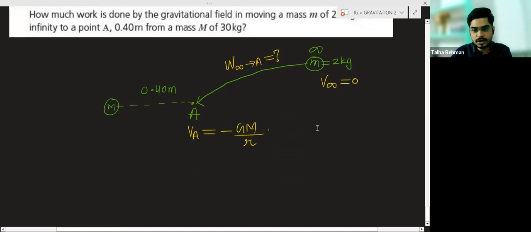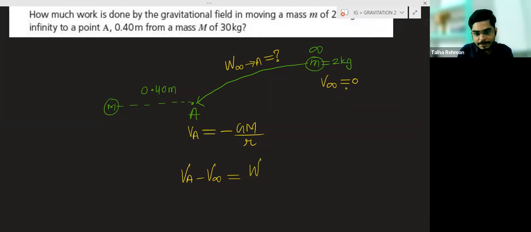So now we can say that VA minus V infinity, the potential difference between 2 points, is equal to the amount of work done by the gravitational force in moving the mass of 2 kg from infinity to A, divided by that mass m.